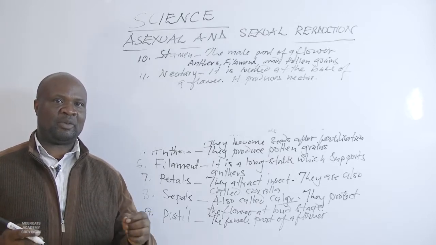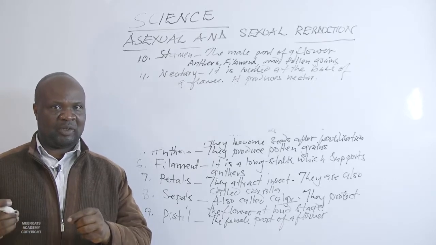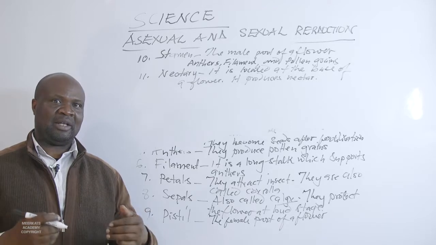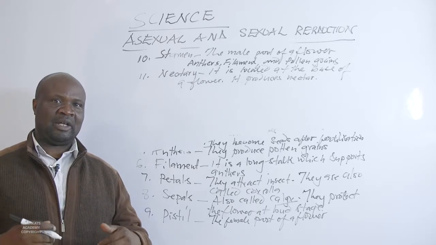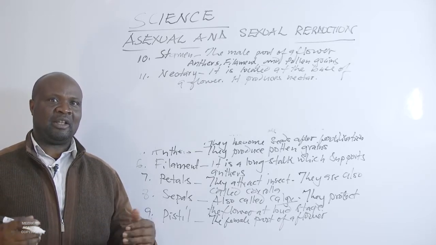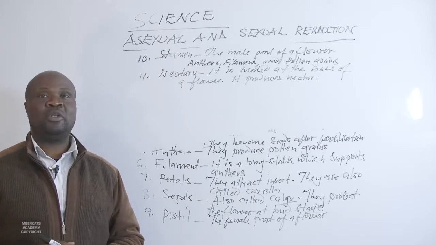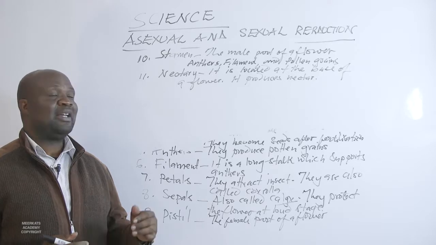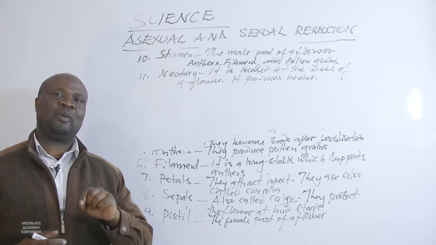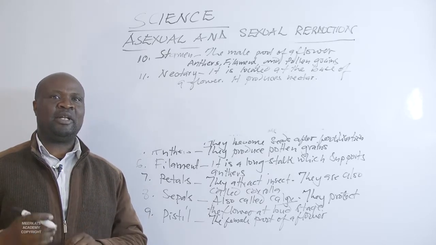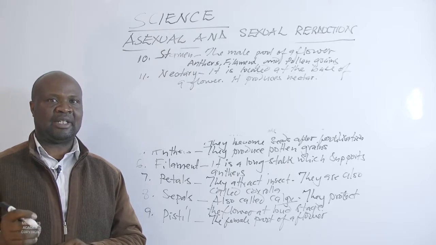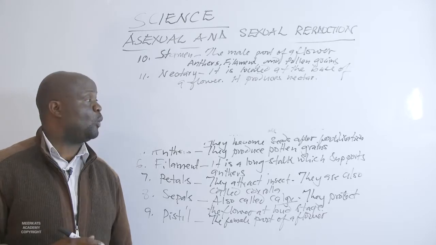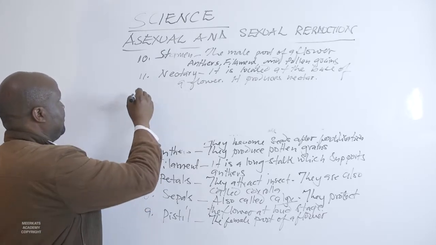When the stigma receives the pollen grains transferred from the anthers, they go down and reach the ovules, and the process of fertilization is able to happen. So nectar is important, depending on whether that particular kind of plant is attracting insects to carry out pollination.